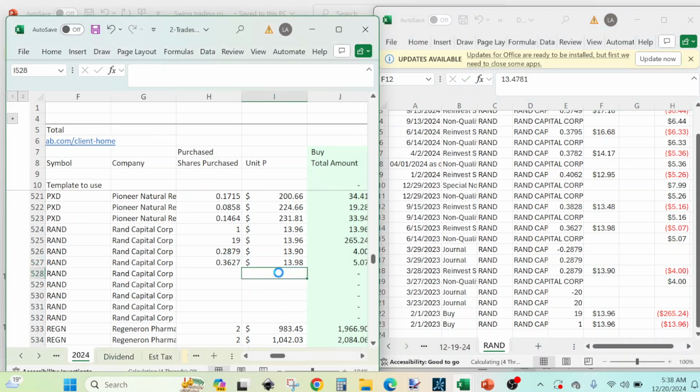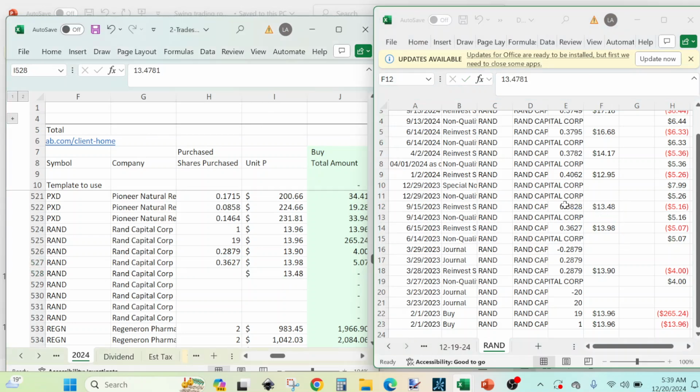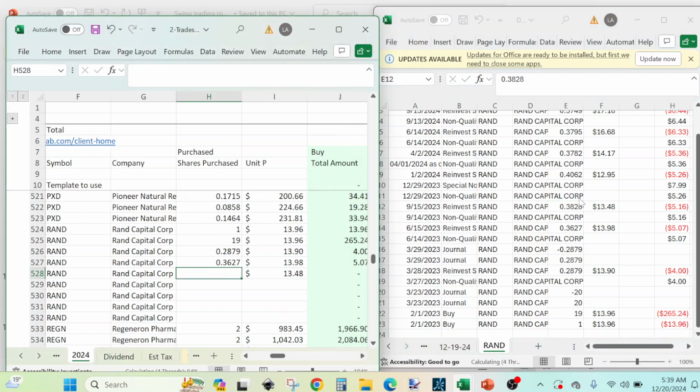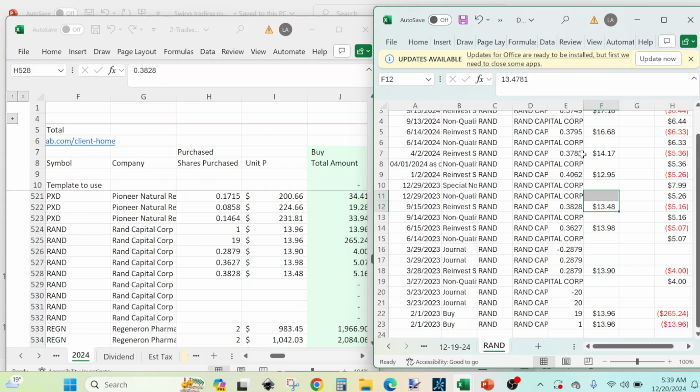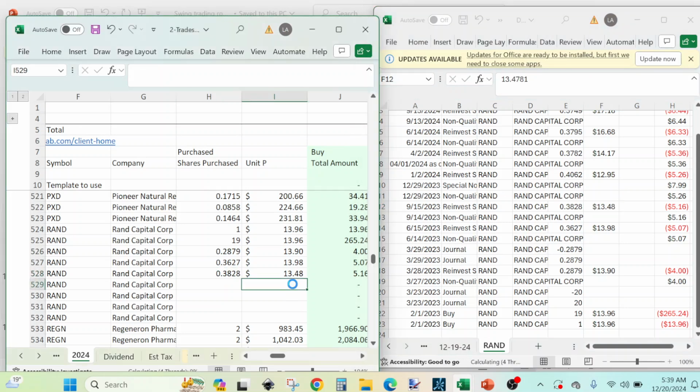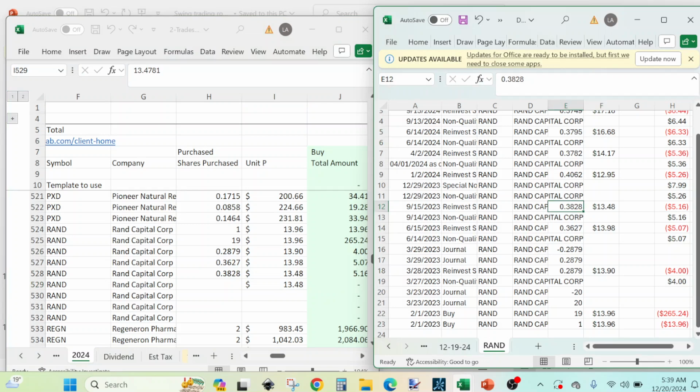The next one, purchase of a fraction of shares. The next one, purchase of a fraction of a share. Okay, make sure, I think I copied this one twice.